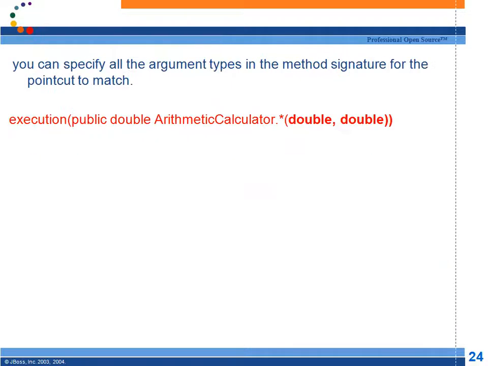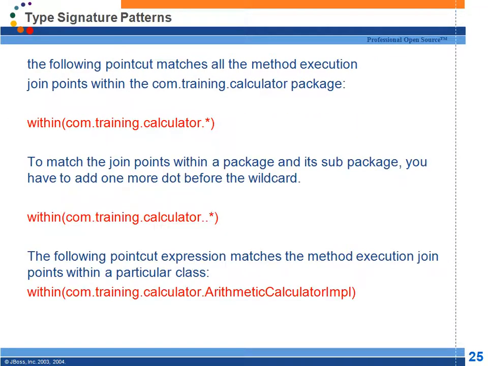Previously we used execution of. We can say within. This is a package name. Any method in any class within this package will be matched. This is only within that same package.